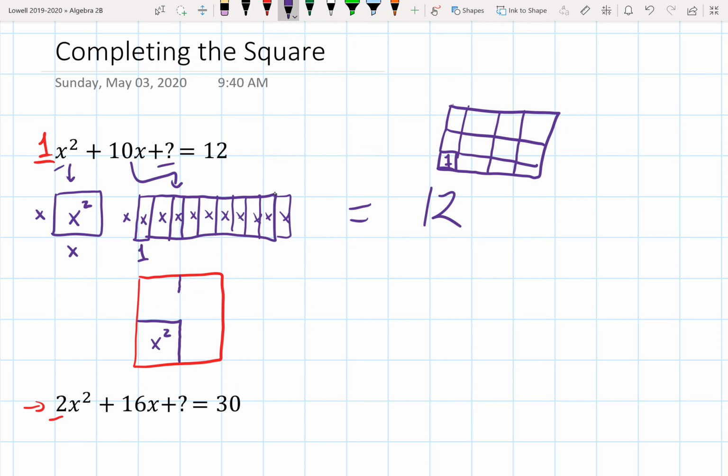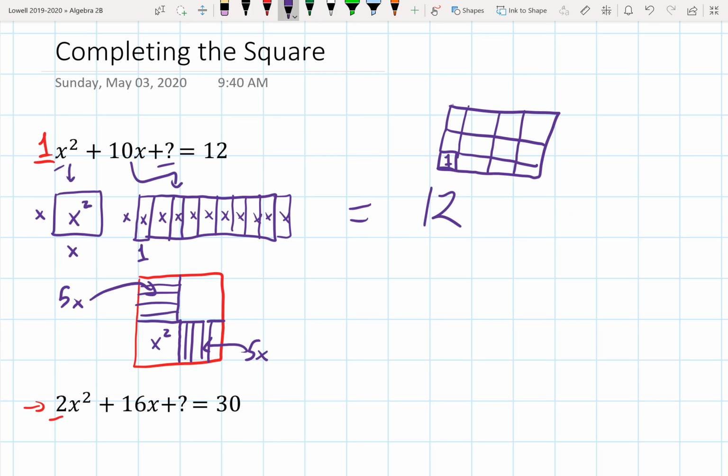So of those 10 x tiles, I'm going to put 5 of them here. 1, 2, 3, 4, 5. 1, 2, 3, 4, 5. So right here, inside there's 5x. Inside there's 5x.